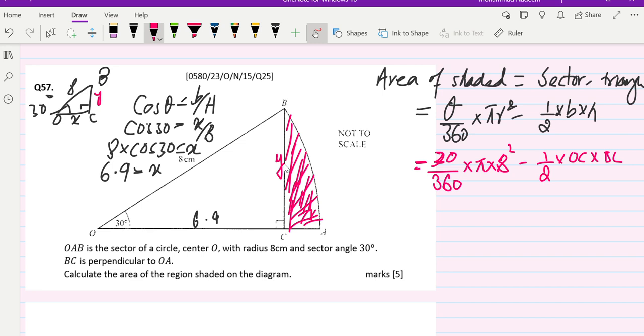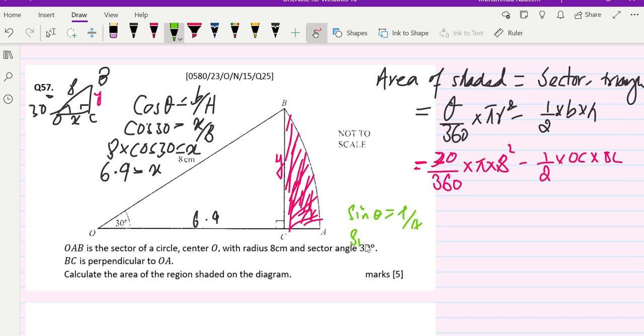Now y is the perpendicular, so you have base, you have hypotenuse, and you need to work out the perpendicular. So you can use any of the trigonometric identity to work out the length of the perpendicular side. If I use sine theta is perpendicular over hypotenuse.